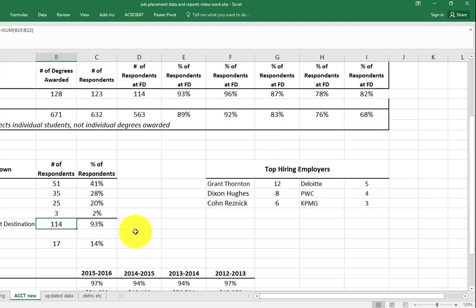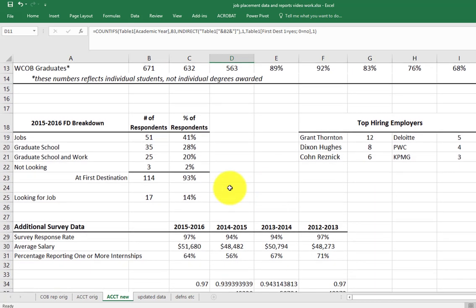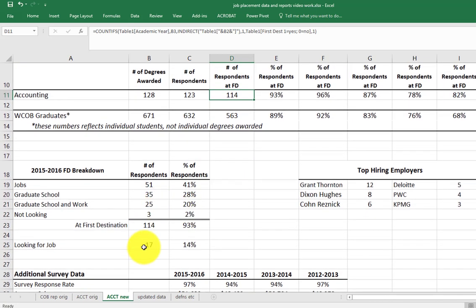Alright, so that gives us 114, which should match up here. It does. Those two values. Okay, and then looking for a job should be the difference between the 123 and the 114. Alright, so we'll build a formula there.